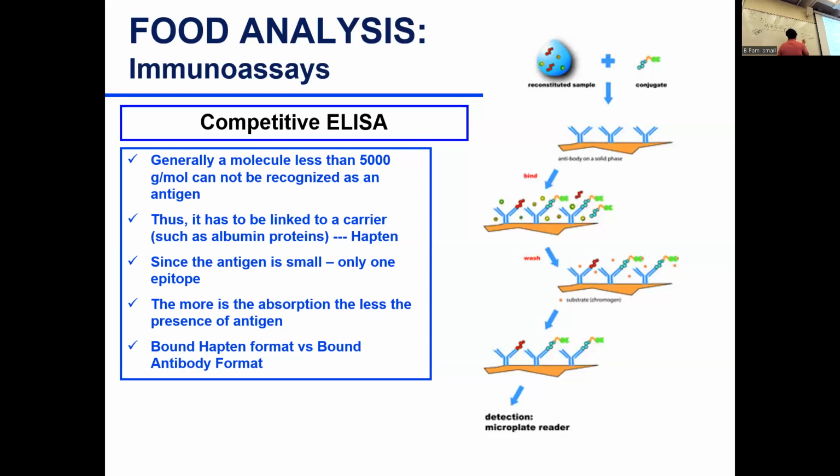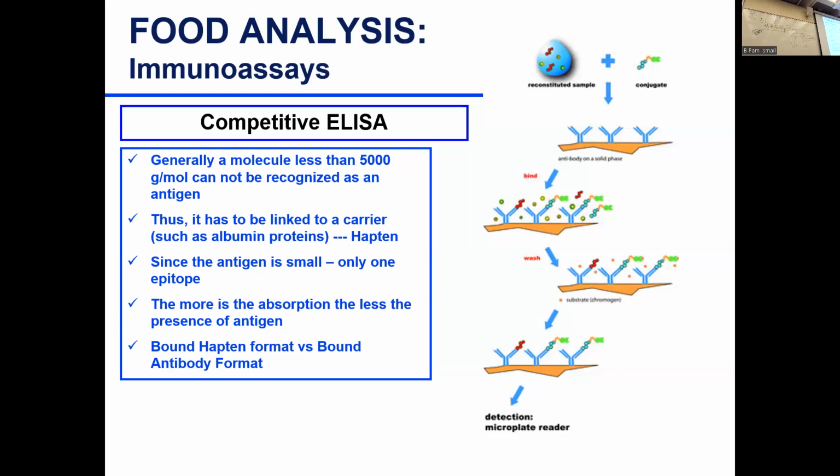Because your epitope is too small. So it has one epitope, the whole molecule binds to your antibody. So that's what it is here is showing. It's called competitive because what you do is you have your molecule of interest, and then you have the molecule that is linked to an enzyme. So this molecule, same molecule as yours, but it's linked to an enzyme. They are competing to binding to the antibody.